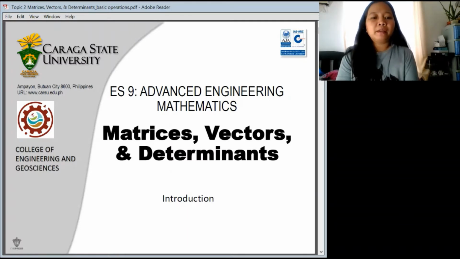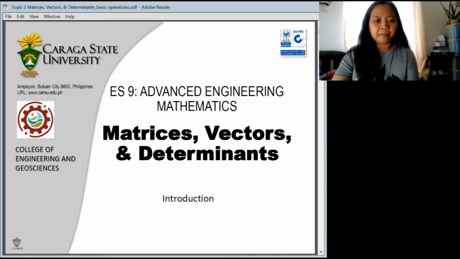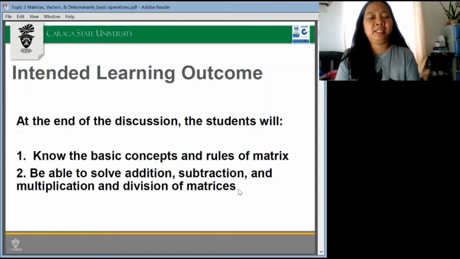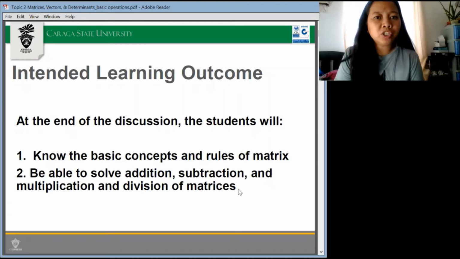Okay? So, our intended learning outcomes at the end of this discussion are: first, you will know the basic concepts and rules of matrices. Basically, its definition, the types, and special matrices are discussed.